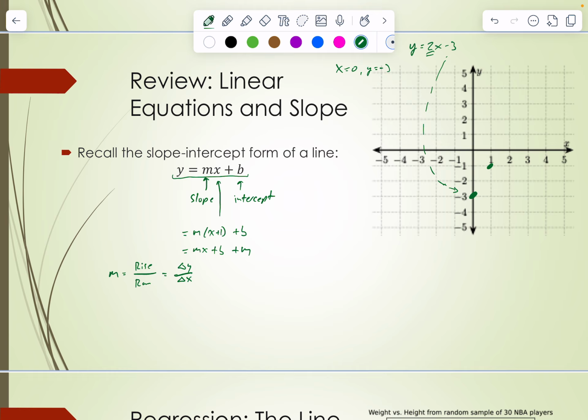And so, in our example, 2 is the same thing as 2 over 1. So that means it rises 2 as it runs 1. And so there's my line. Okay.